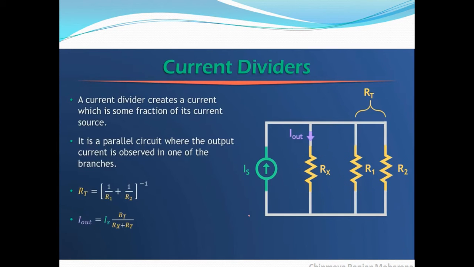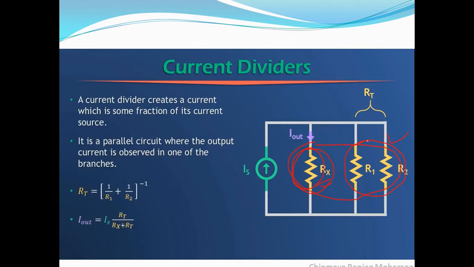So first we have to calculate the equivalent resistance in this figure. Okay, then we have to calculate these two resistances' equivalent value. Okay, and we have to find out what will be the current in the Rx resistor. So our formula is RTH. RTH means the total equivalent resistance except this resistor.